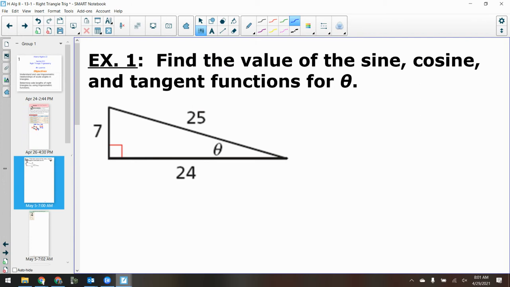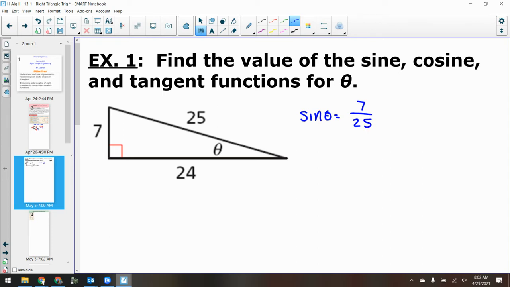Okay. Find the value of the sine, cosine, and tangent functions for theta. Do you see how I tucked my theta in the bottom right? Let's find the sine, cosine, and tangent of theta. Well, sine theta is what? 7 over 25.